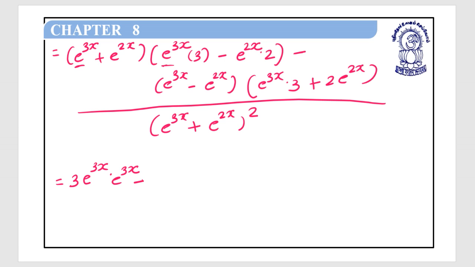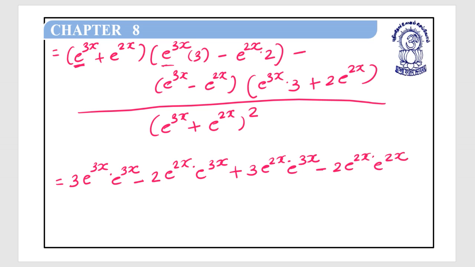First term, this one is also multiplied with this: minus 2 e raised to 2x into e raised to 3x plus 3 e raised to 2x into e raised to 3x, minus 2 e raised to 2x into e raised to 2x.